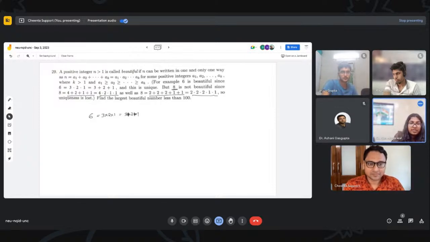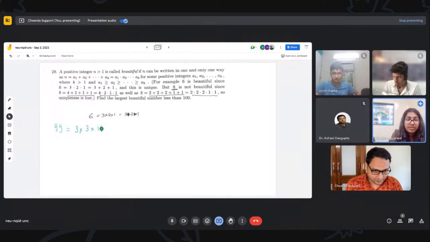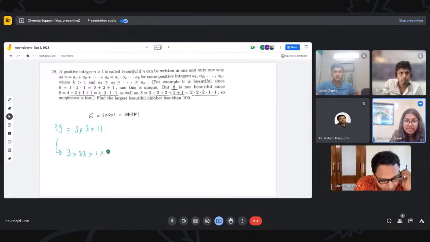So if we look at the number just before 100, that's 99. We can write 99 as 3 times 3 times 11. Now, one way to write 99 will be 3 times 33 times a lot of ones.